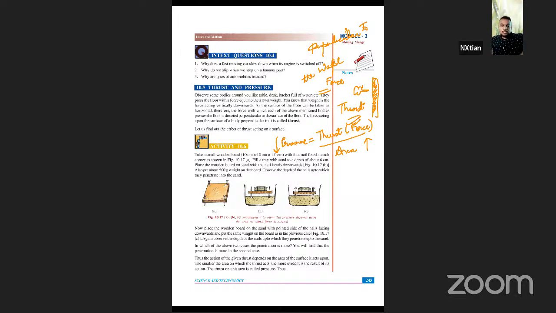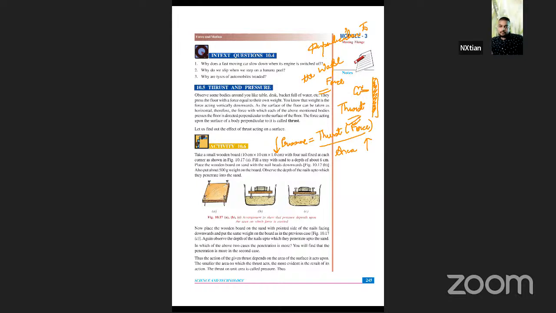Why? Because the camel has big feet, and because of more surface area, the pressure on the sand becomes less. More surface area means less pressure. So the camel is putting less pressure on the sand.